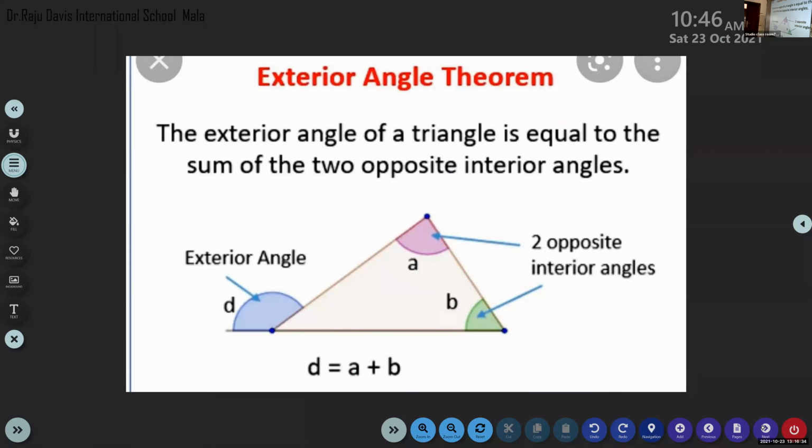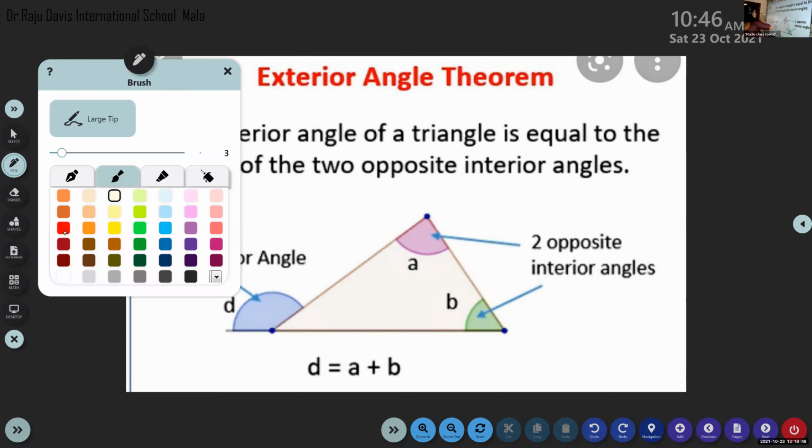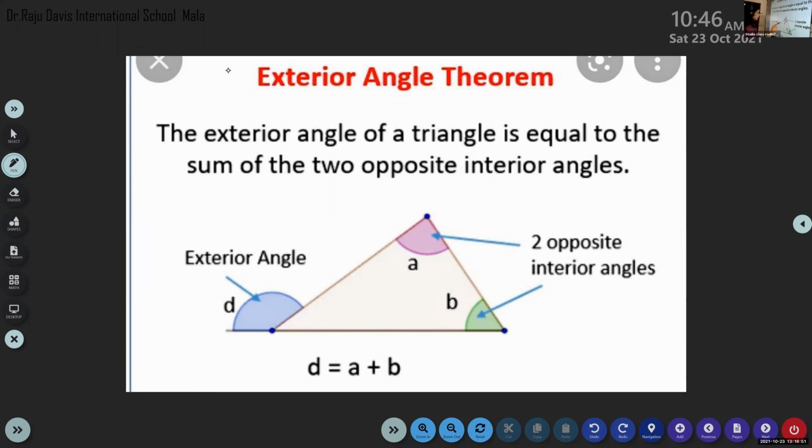Just read it. The exterior angle of a triangle is equal to the sum of the two opposite interior angles. Look at the figure, all of you. You can see there are two angles shown, isn't it? One is here and the other one is here. One is A, the other is B. You can give the angle names 1 and 2 also, no problem. Look at the figure children.